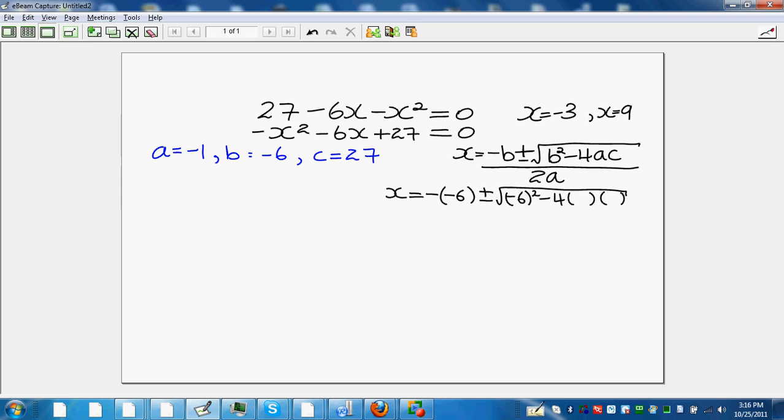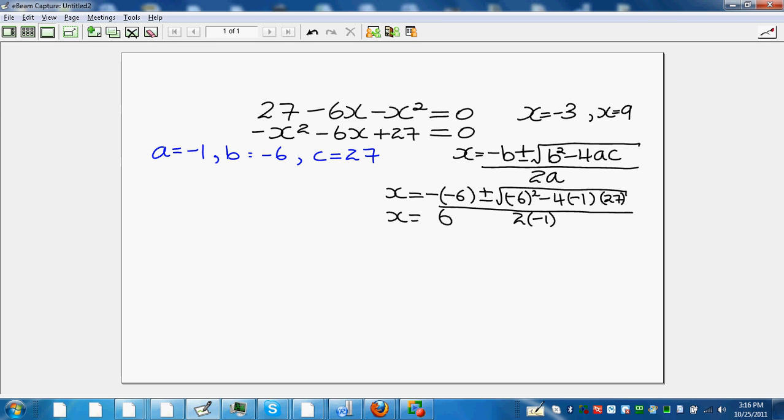In this case, a is minus 1 and c is 27. So we put minus 1 and 27. So therefore, x will be equal to minus minus 6, which is plus 6. Oh, sorry, all over 2a. So it has to be 2 multiplied by a, which is minus 1.